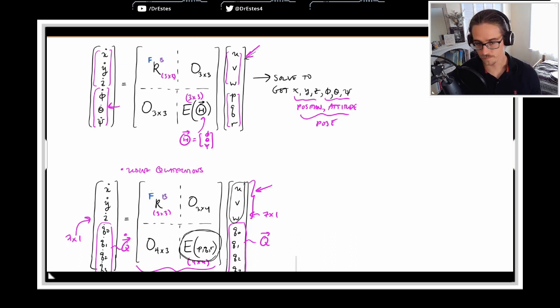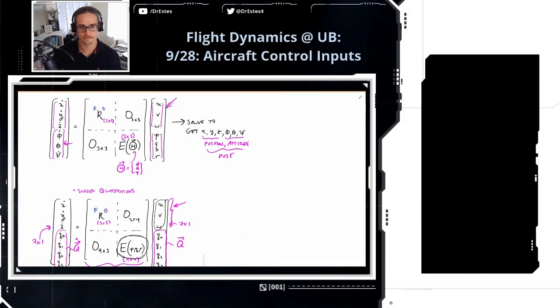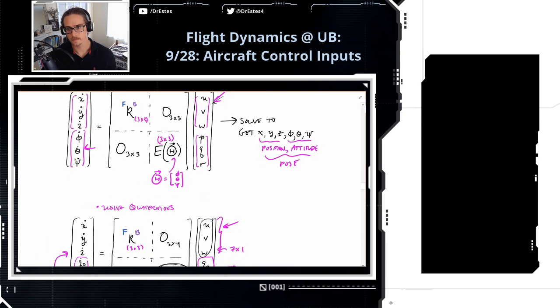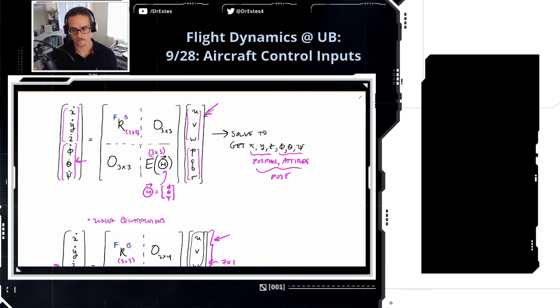That one didn't work for you? Because definitely do this one first before you do the quaternions, I would say.